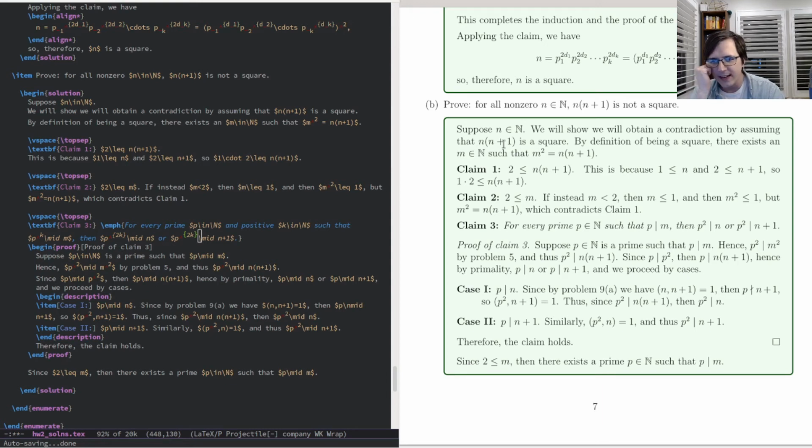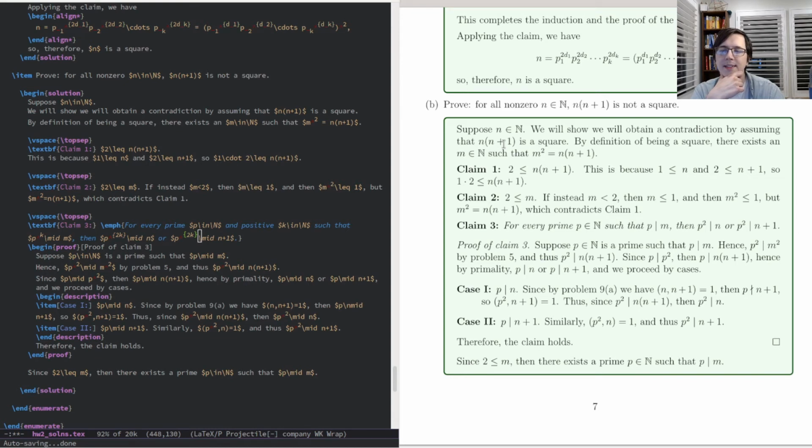And since they have no factors in common, each of the prime powers that show up in m have to then show up completely in n or completely in n plus 1, but squared. And then what we're going to show is that n is a square and n plus 1 is a square.